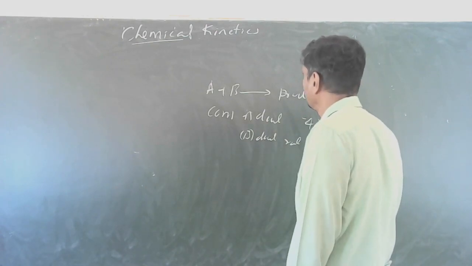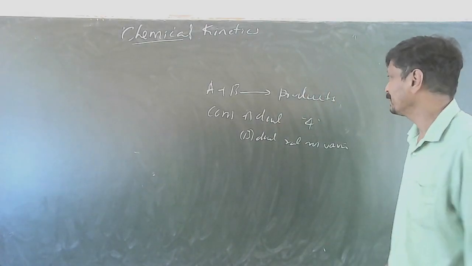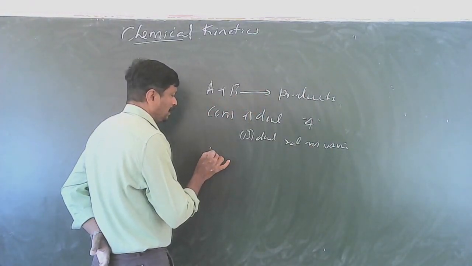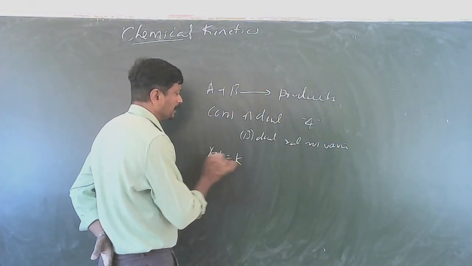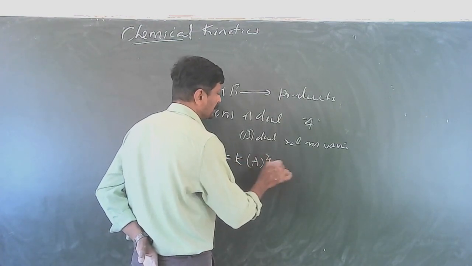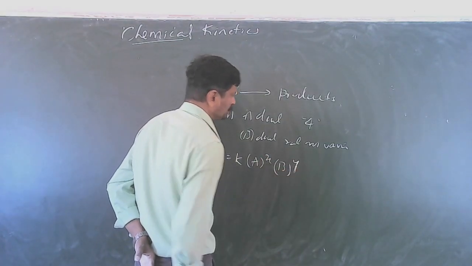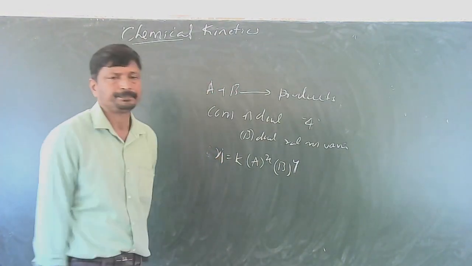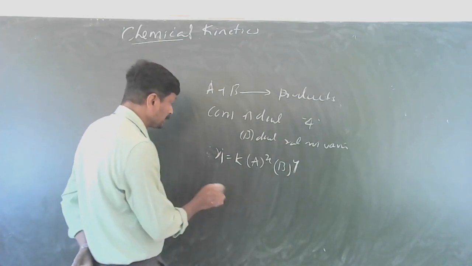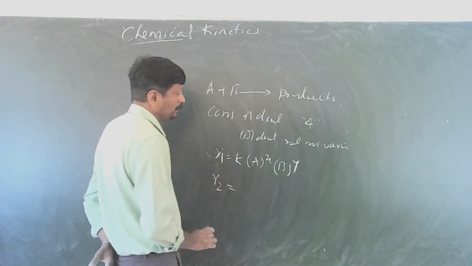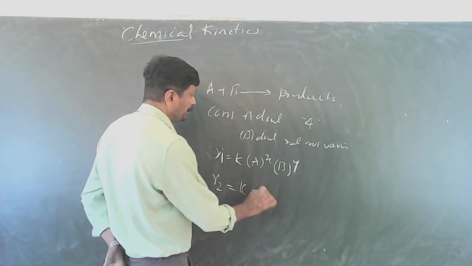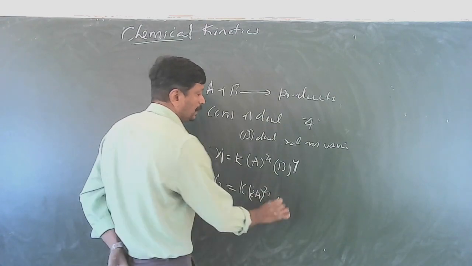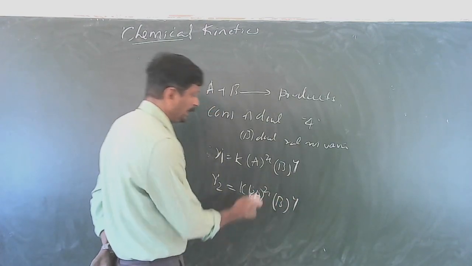How do you write it? Suppose the rate expression is rate equal to K into A to the power of X and B to the power of Y. In the first case, R1 is equal to K into A to the power of X and B to the power of Y. In the second case, R2 is equal to K into A to the power of X and B to the power of Y, where A is doubled.